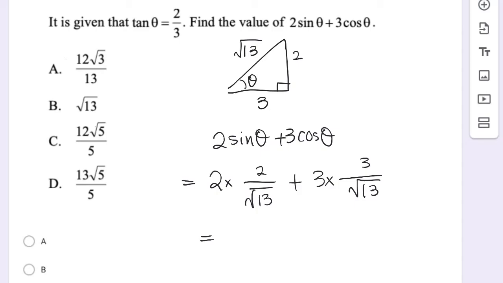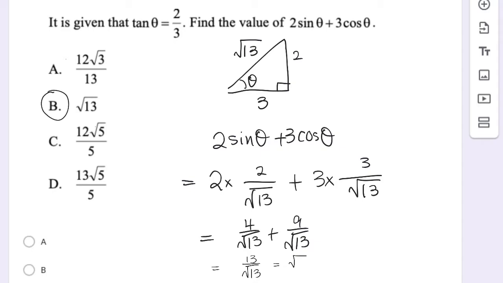So which will give you 4 over root 13 plus 9 over root 13, and that is why you will have 13 over root 13. So at the end, you will have root 13. So the answer will be B here.